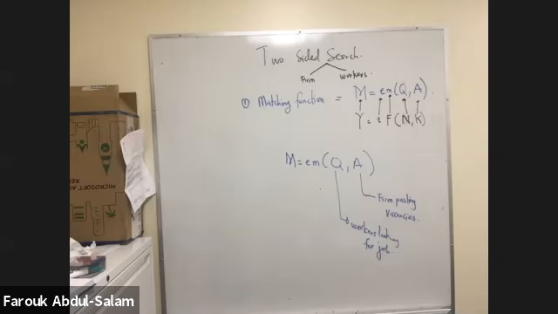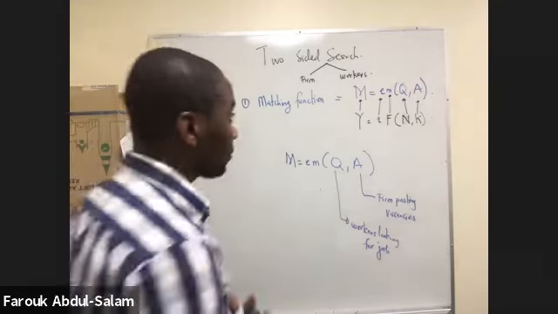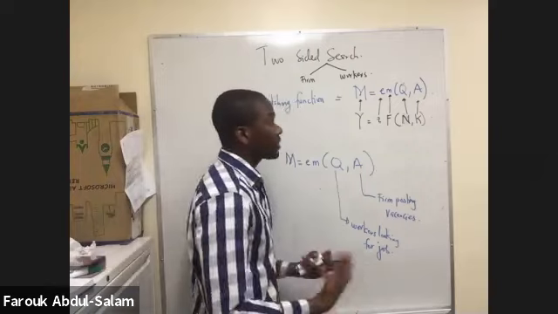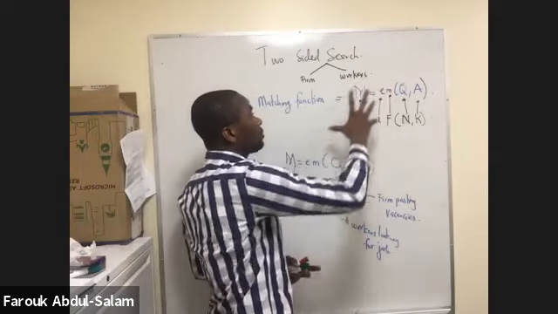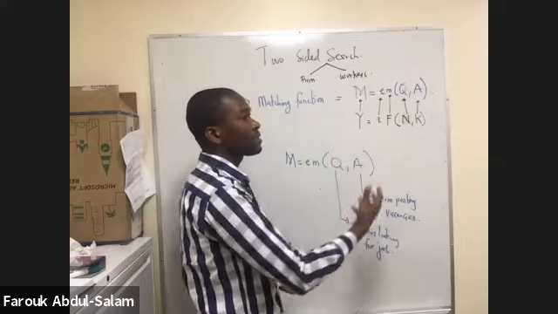So let's quickly move on to the two-sided search model. And again, if you happen to have any questions, feel free to ask. This involves a lot of math here and there, so let me know if you have questions during this two-sided search model as well. As we pointed out, we are moving away from the fact that all the actions are coming from the workers to a more improved aspect of reality.